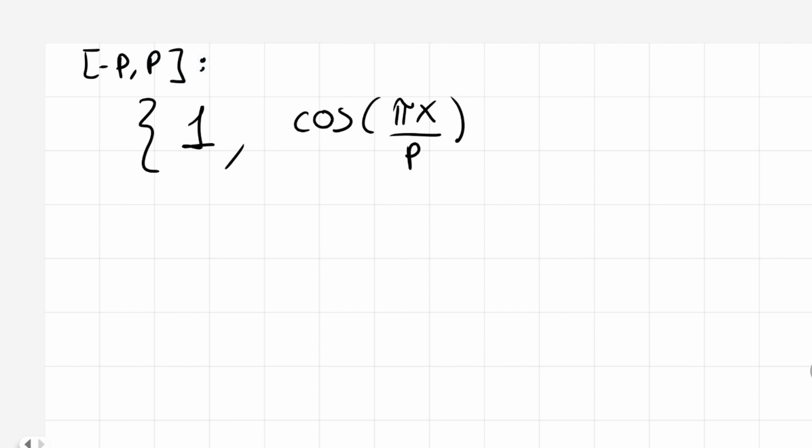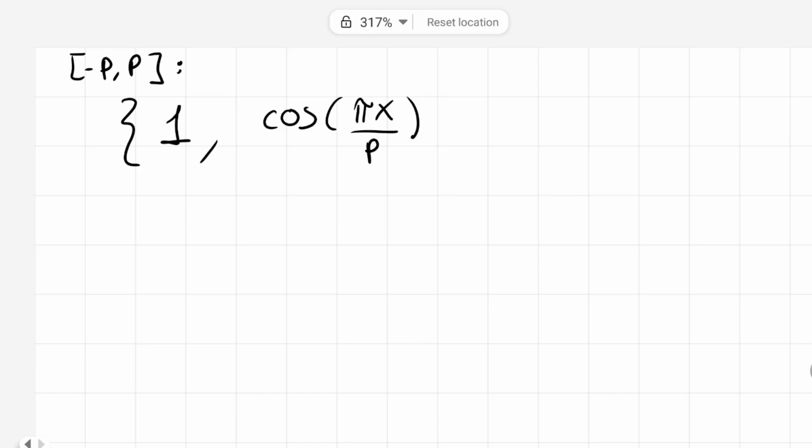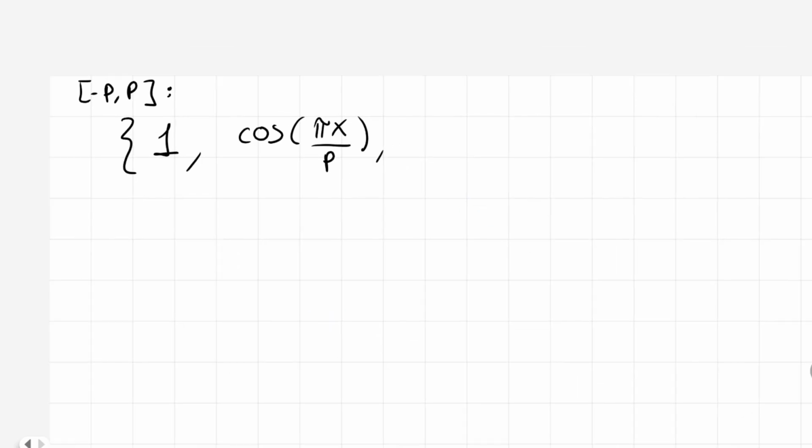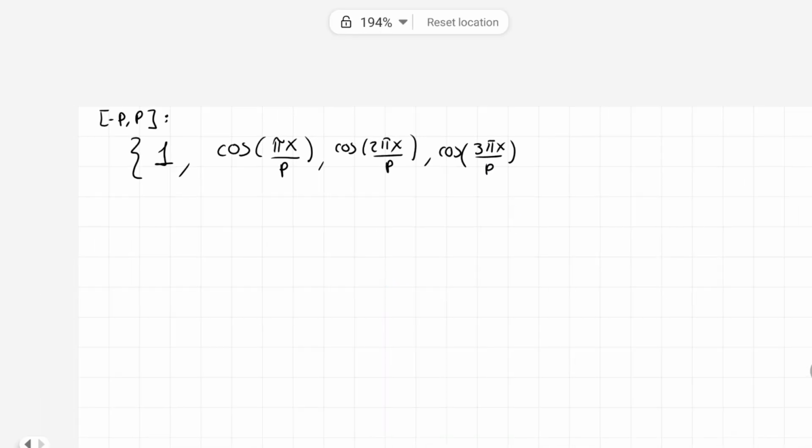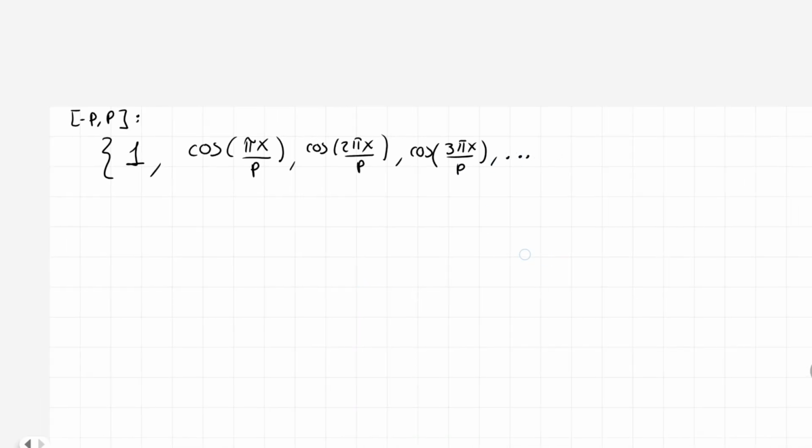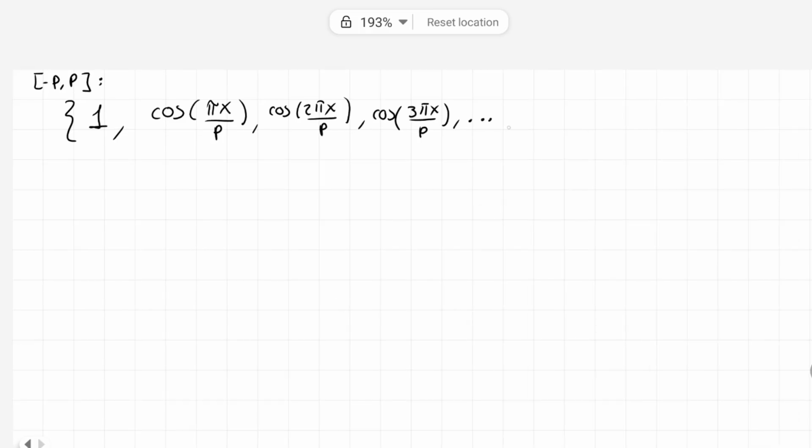Perfect. The next term of the set will be cosine of 2 pi x over p, then cosine of 3 pi x over p, and we keep going to infinity. Then, instead of the cosine, we use the sine.